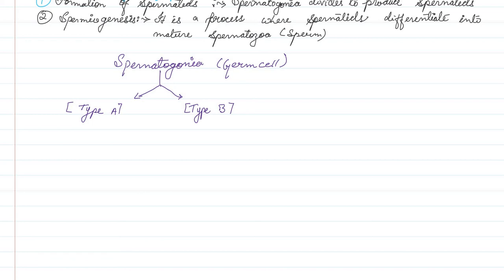Type A will produce more spermatogonia, and these act as a stem cell. Okay, type A will produce more spermatogonia, and type A is spermatogonia.